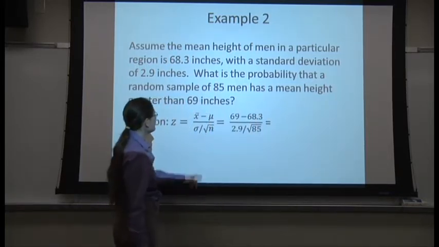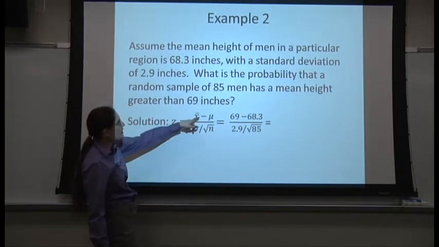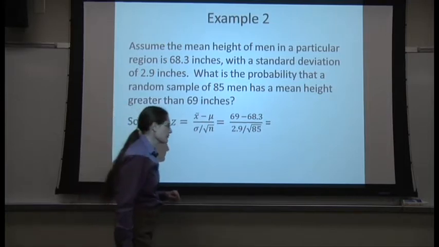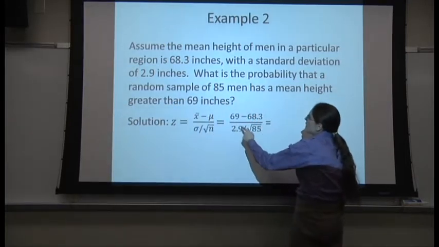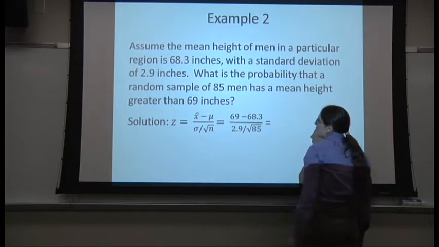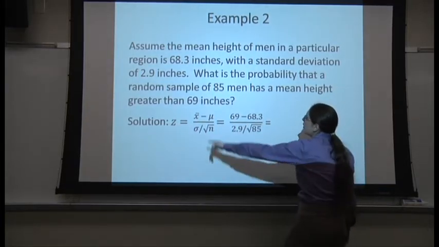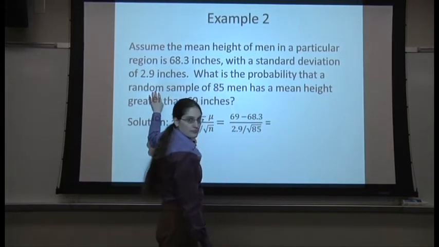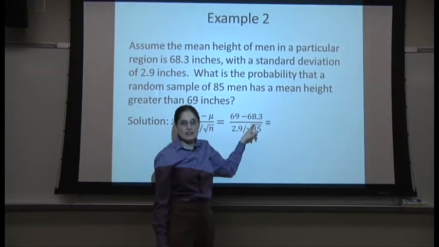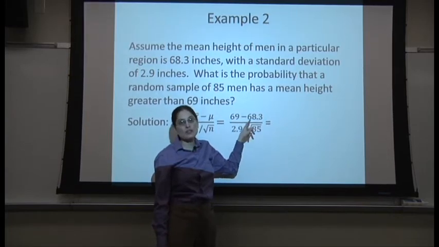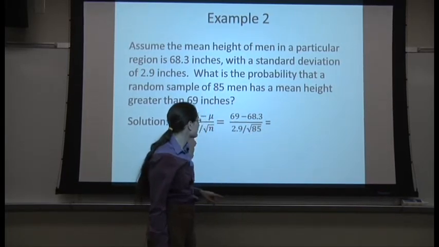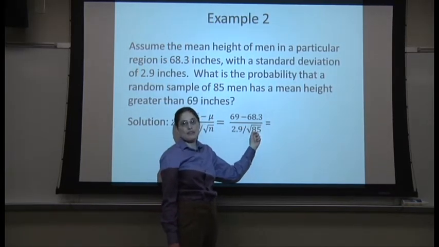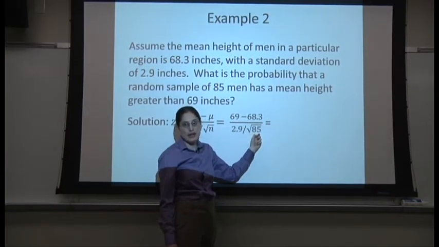Once again, you're going to use the new Z formula. 69 is our X bar, the mean height of the random sample. 68.3 is the mean height of the whole population. 2.9 is the standard deviation. 85 is the number of men that you asked.